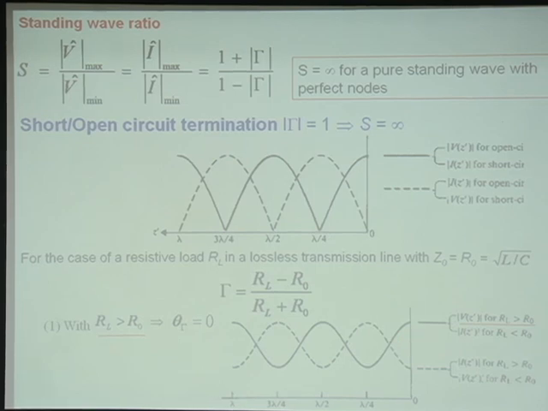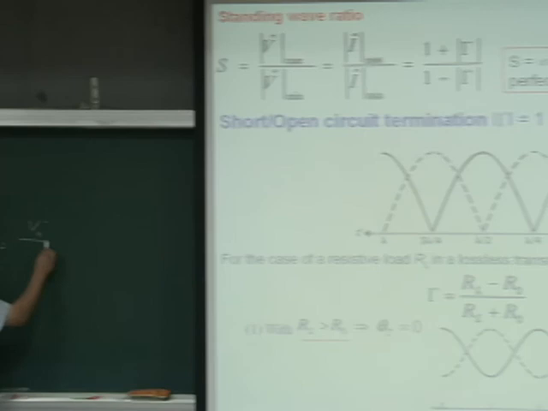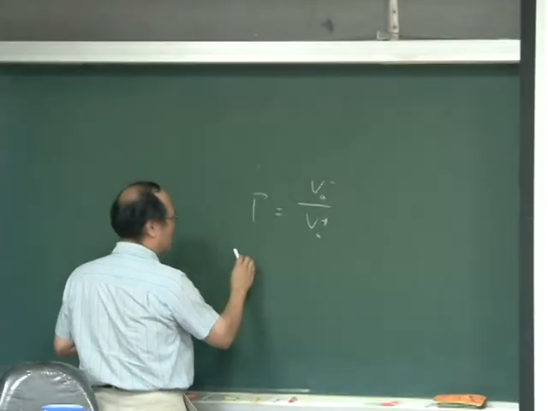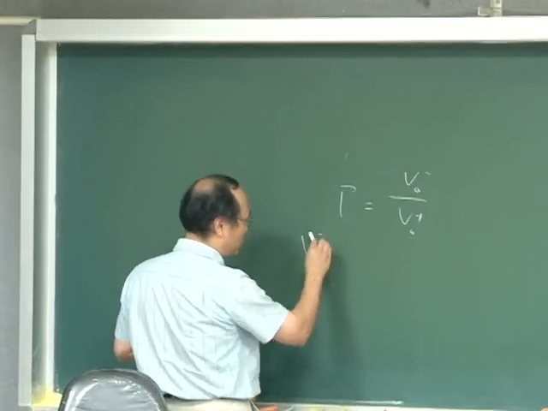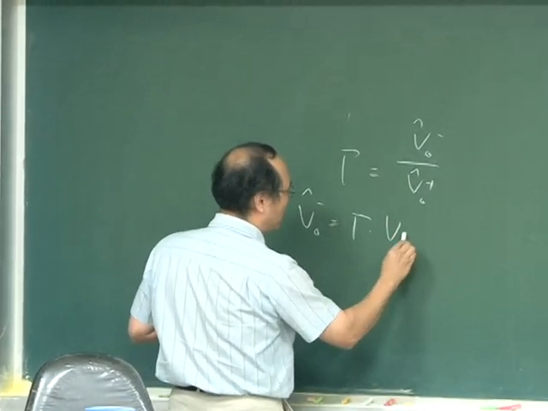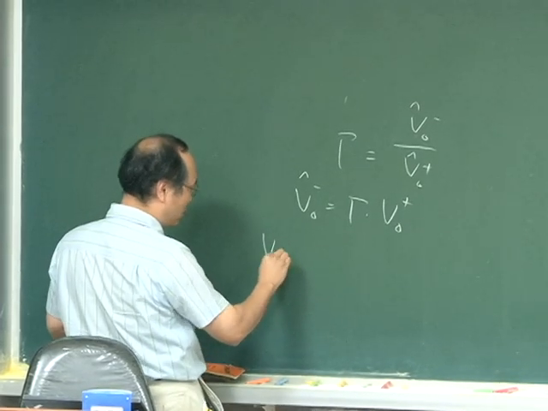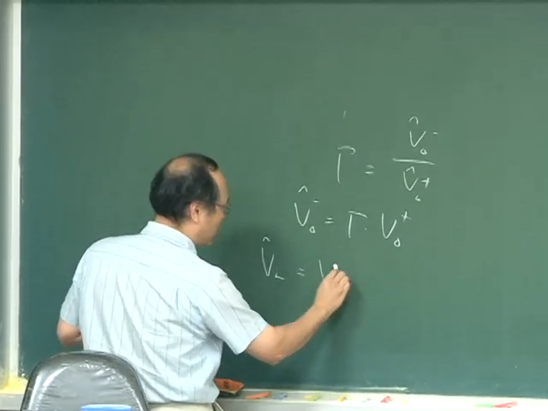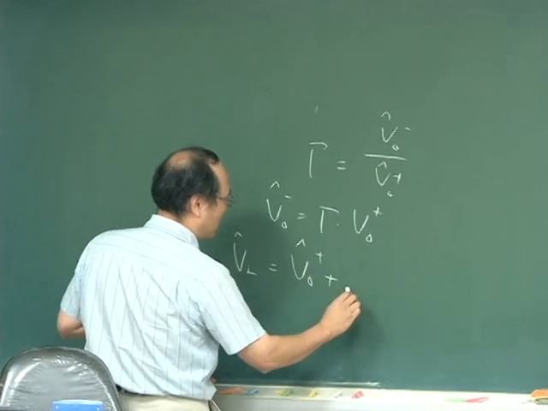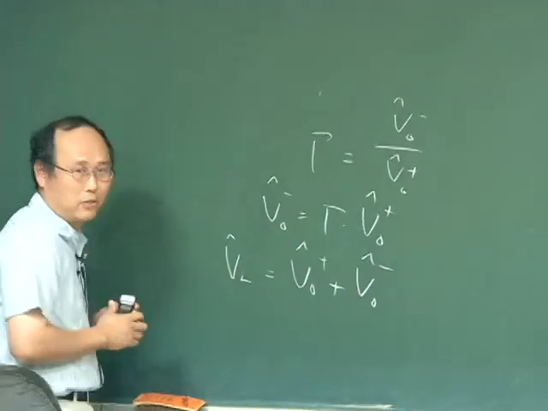incident voltage, right? You have this gamma equal to V naught minus over V naught plus. So the reflected voltage is equal to gamma multiplied with V naught plus. And the total voltage at the load is equal to the sum of these two terms.